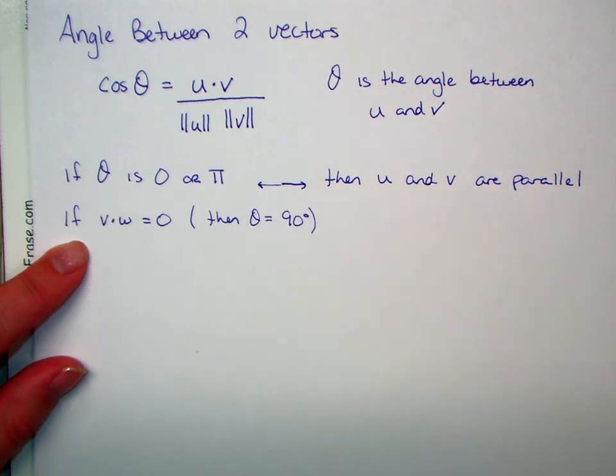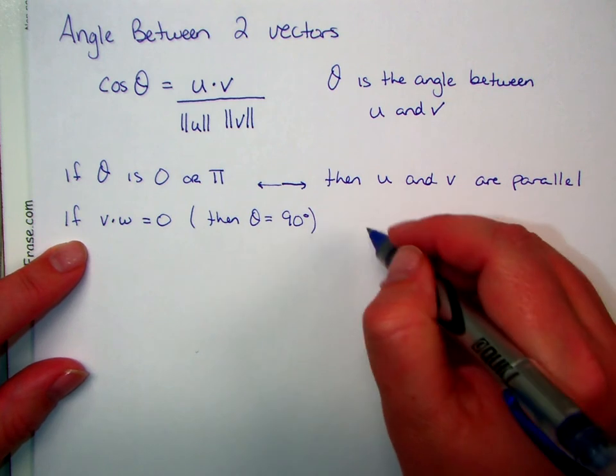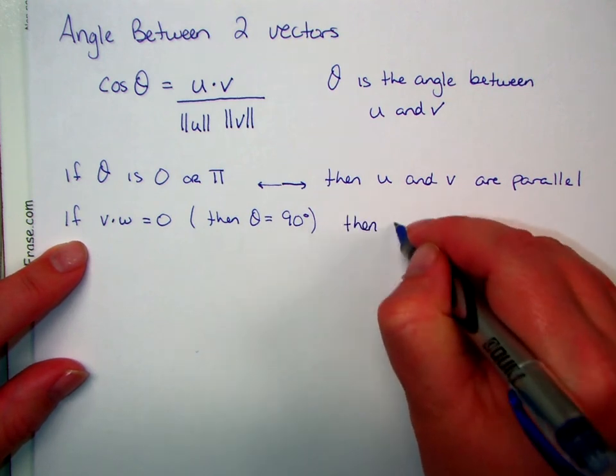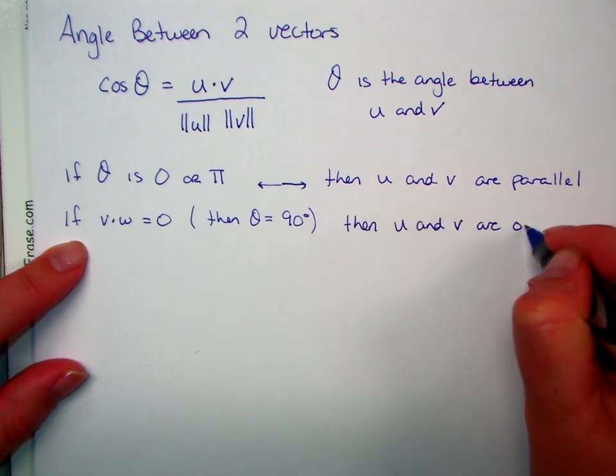Right? And when the dot product is 0, we know the two vectors are perpendicular. Or orthogonal.